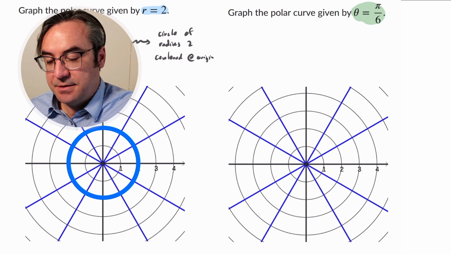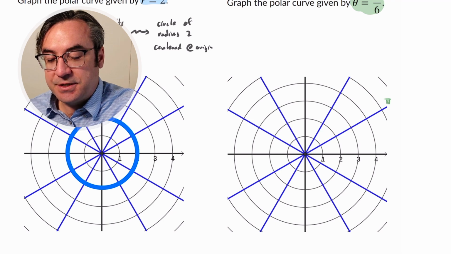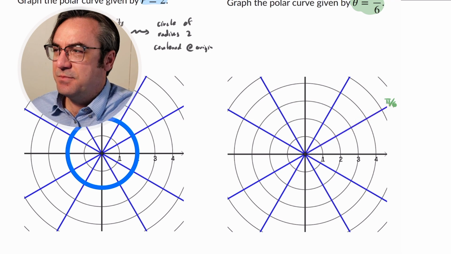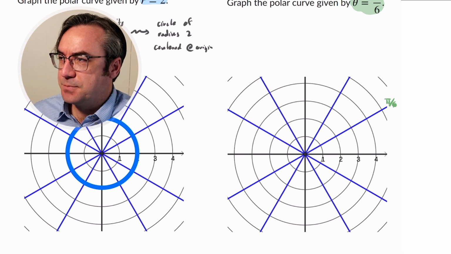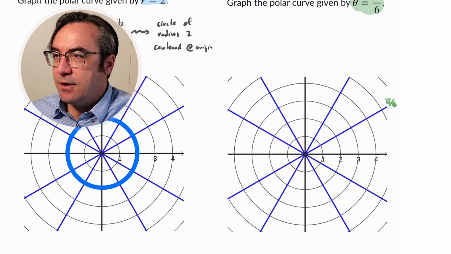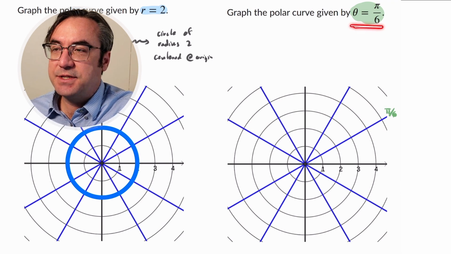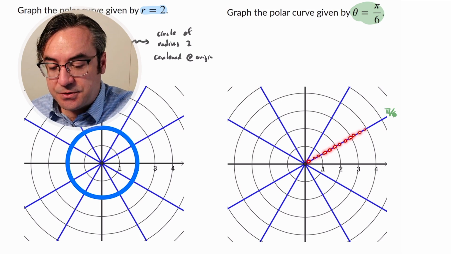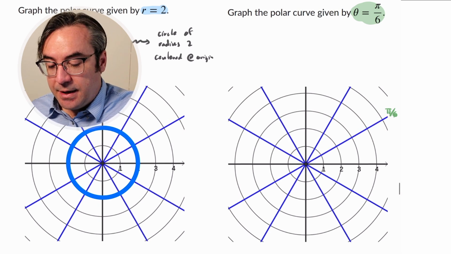And here it is. So pi over 6 is in the first quadrant there. And it's the shallow one of our principal angles. And what we're doing is we're trying to find all the points that have this as their angle measurement. So all of the points sitting on this ray here have a theta value of pi over 6.